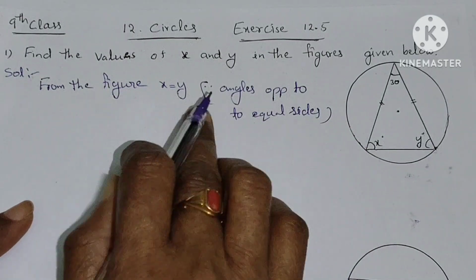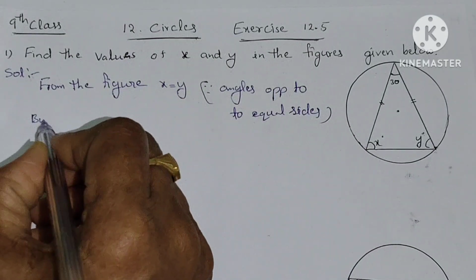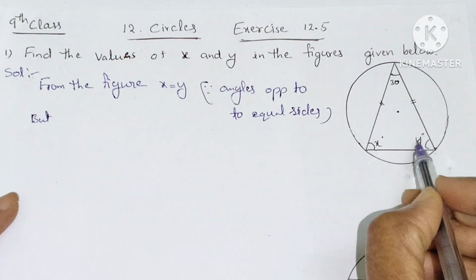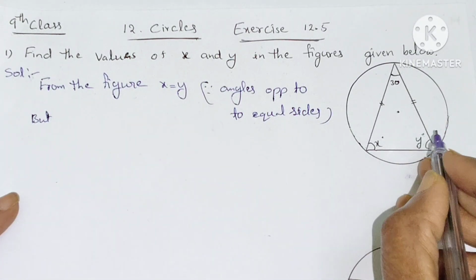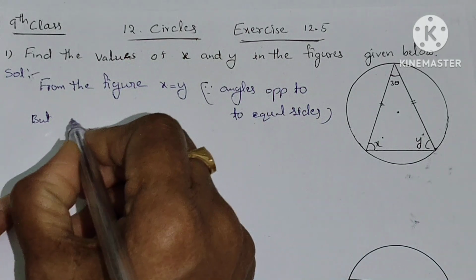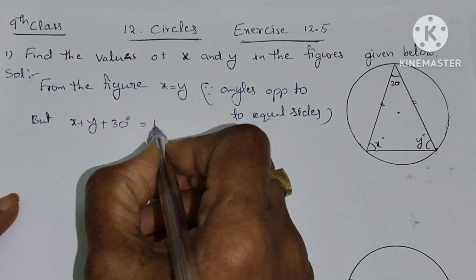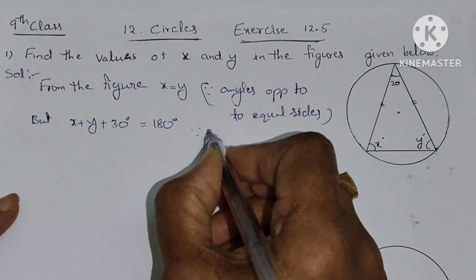Now we use the angle sum property: the sum of the three angles in a triangle is 180 degrees. So x plus y plus the third angle 30 degrees equals 180 degrees.